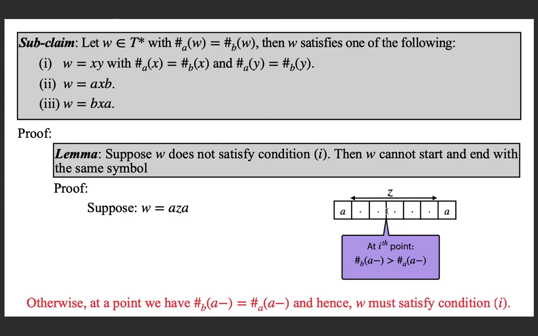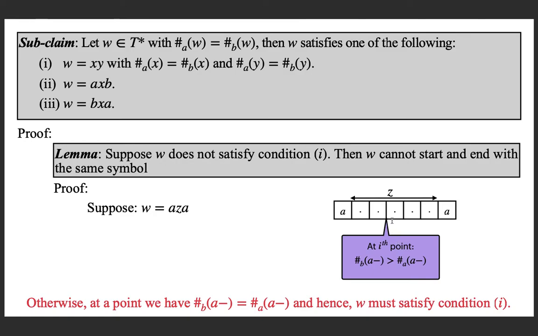That means here the number of A's and B's are the same. Then you can divide it into two strings at this point. Call this X and this Y. Now because in X you have an equal number of A's and B's, in Y also you must have an equal number of A's and B's, because in the whole string the number of A's and B's match. So it cannot be the same.